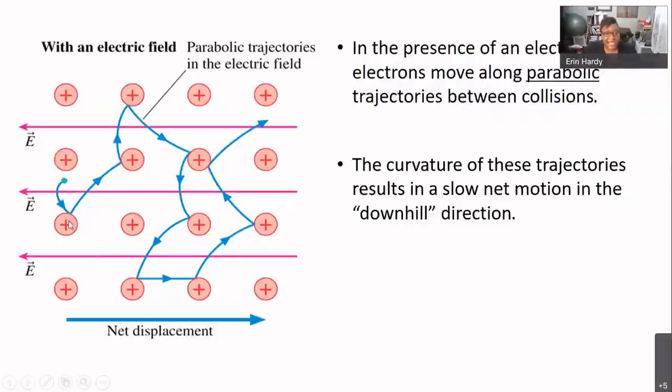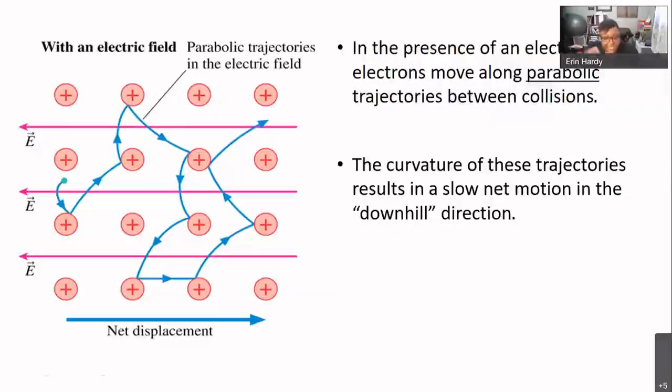The trend here is that the electron would tend toward the right because of the orientation of the electric field being opposite and our charge carriers being negative. So left to right is like downhill for the interior of this trajectory.